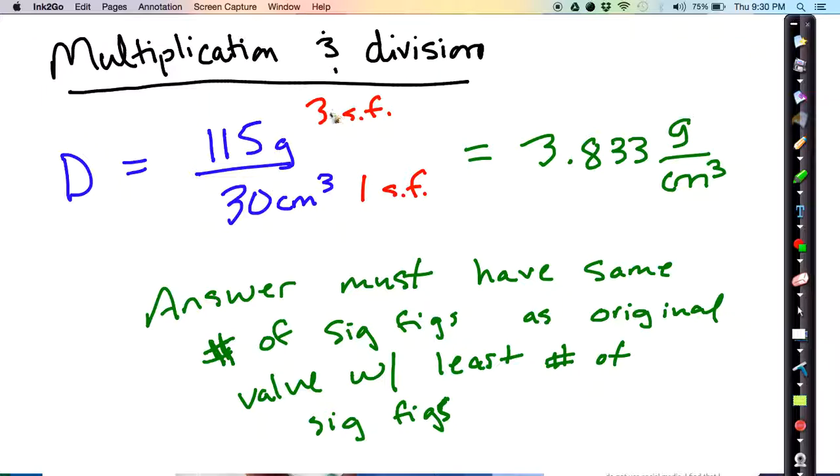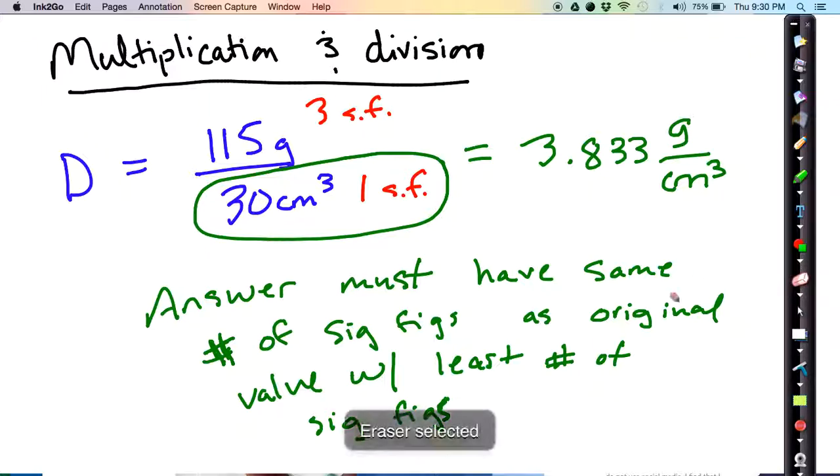So 115 has 3, 30 cubic centimeters has 1. 1 sig fig is the lowest number of sig figs of the two original values. Therefore, I have to round my final calculated answer to 1 sig fig.